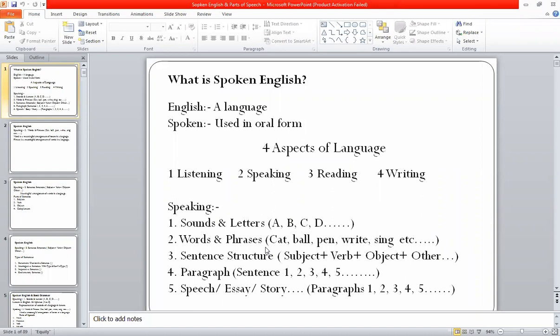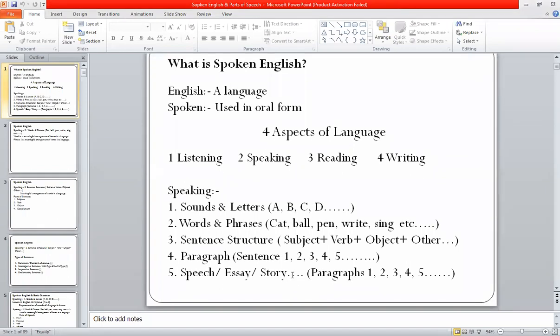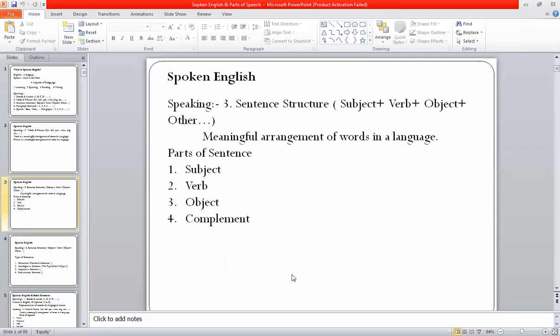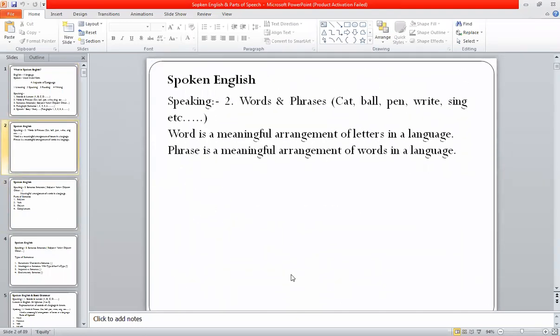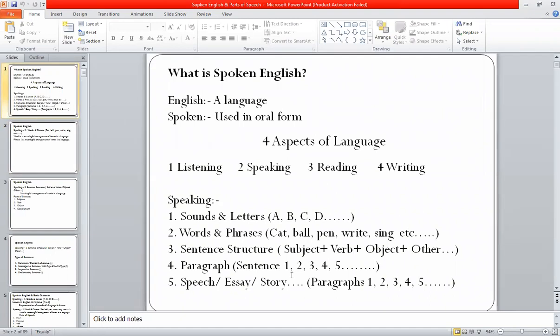So speech, essay, story is a larger unit than the paragraph. So sound or letter is the smallest unit of the language, and speech or essay or story is the bigger unit of the language. This is about the language and its units.